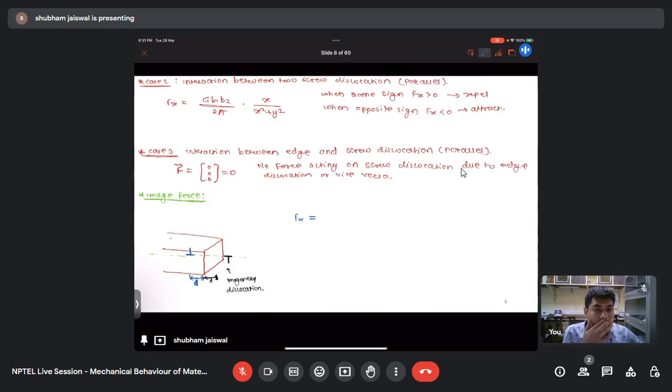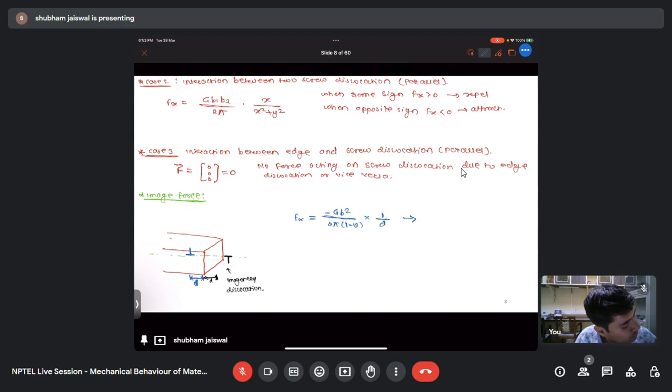If both dislocations lie on the same plane, it means y equals 0 and x is equivalent to d. So if we put that, we will get the equation something like this: G b square upon 4 pi (1 minus nu) into 1 by d.